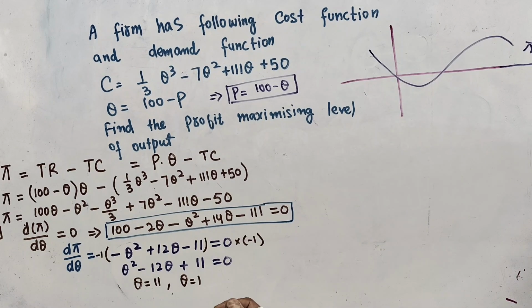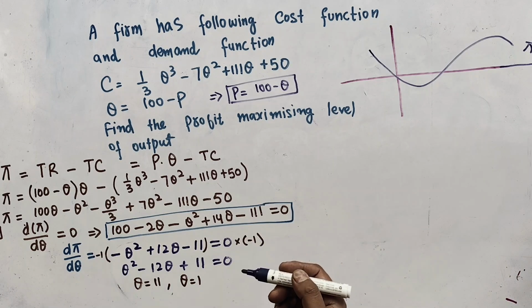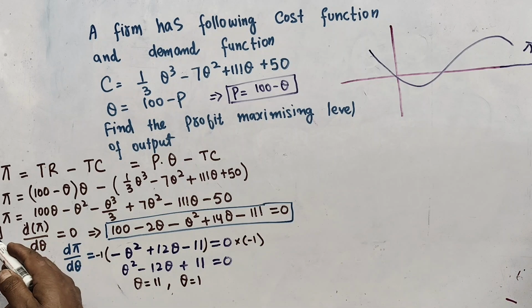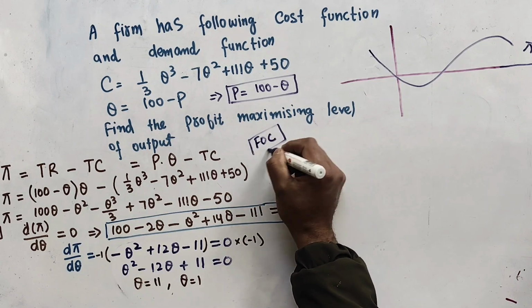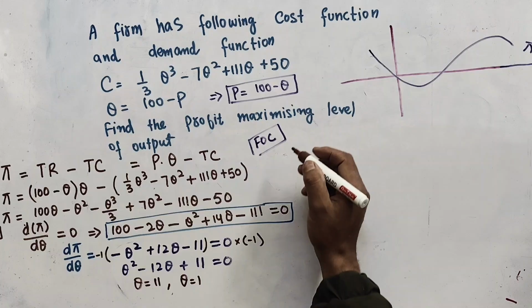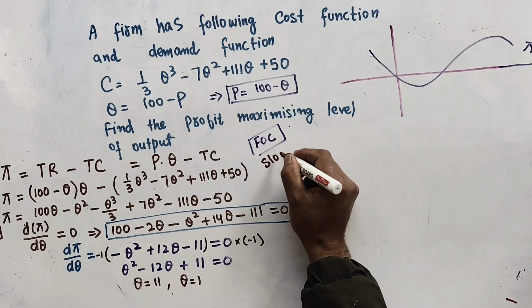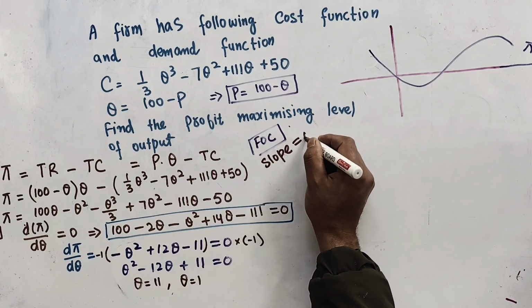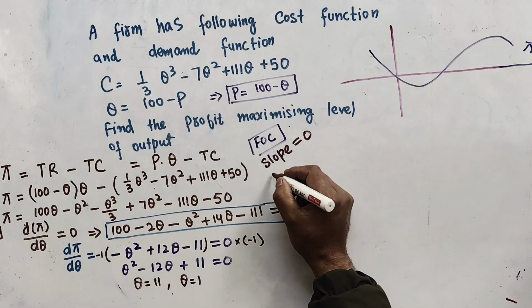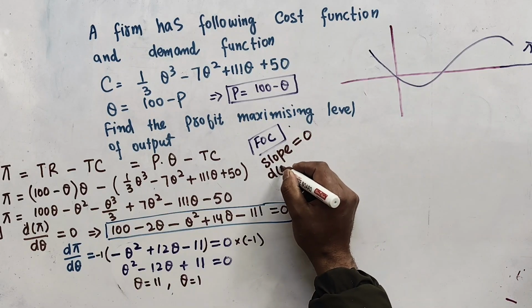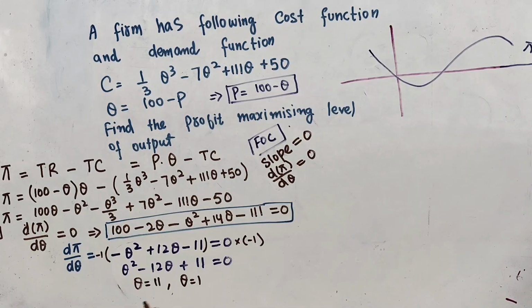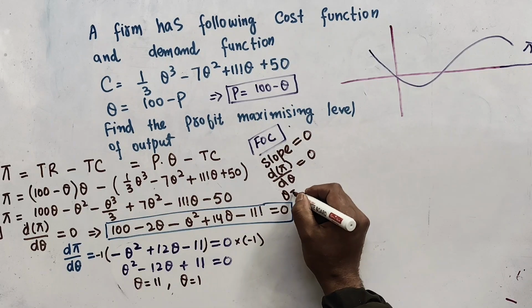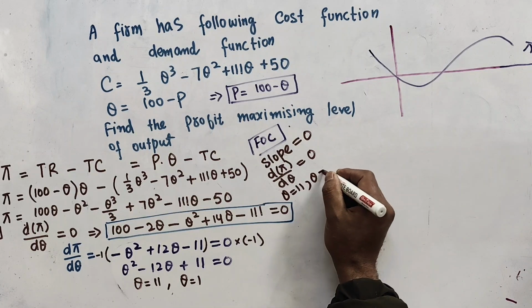So to find out the maximum profit, we take the first order condition. First order condition is used to find out the point where slope is equal to 0. Now slope is equal to 0 means the marginal profit should be equal to 0, and we find out slope is equal to 0 at 2 points, q is equal to 11 and q is equal to 1.